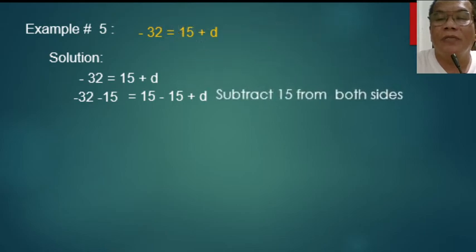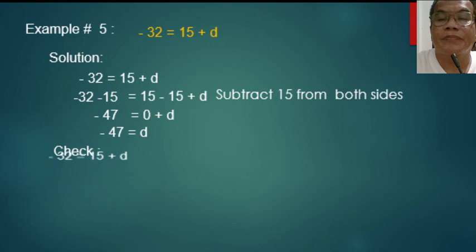So you have to subtract 15 from both sides. So you have negative 47. Positive 15 and negative 15 is 0. So that plus d. So negative 47 is equal to d.